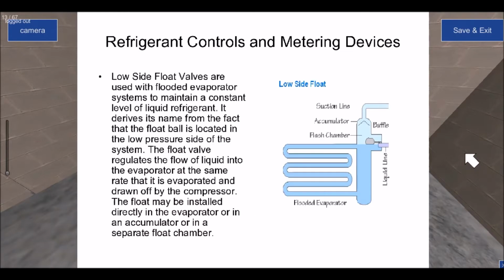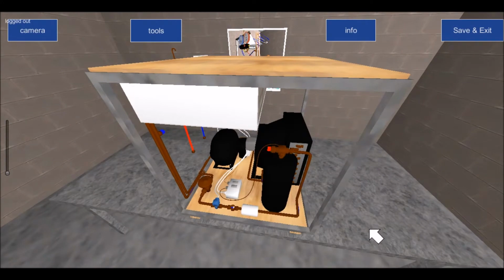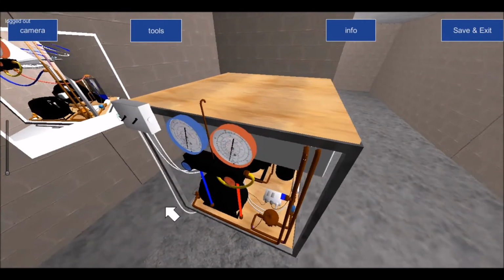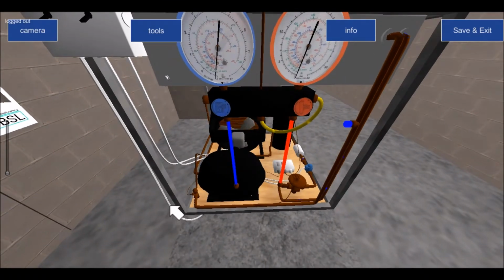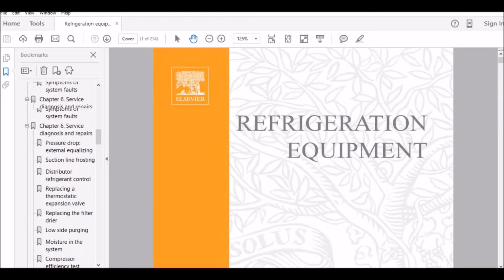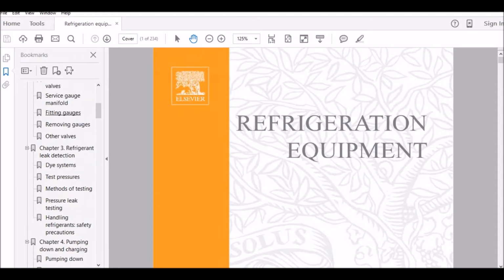But on your drawing you only have a liquid receiver service valve, and in actual fact, on the suction side, we have a suction service valve, but we also have on the suction pipe a Schrader valve. And again, if we need to understand the difference between the valves, I'll refer you to the equipment book, which explains the various different service valves that are there, just to help you understand.